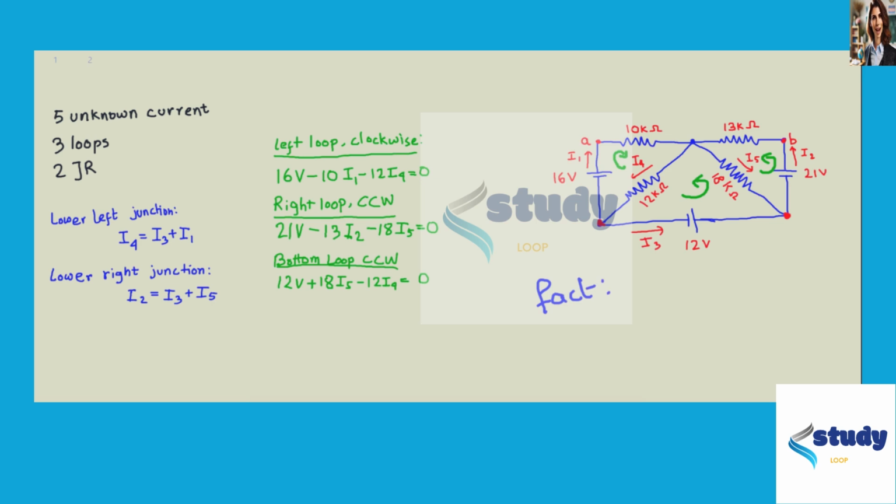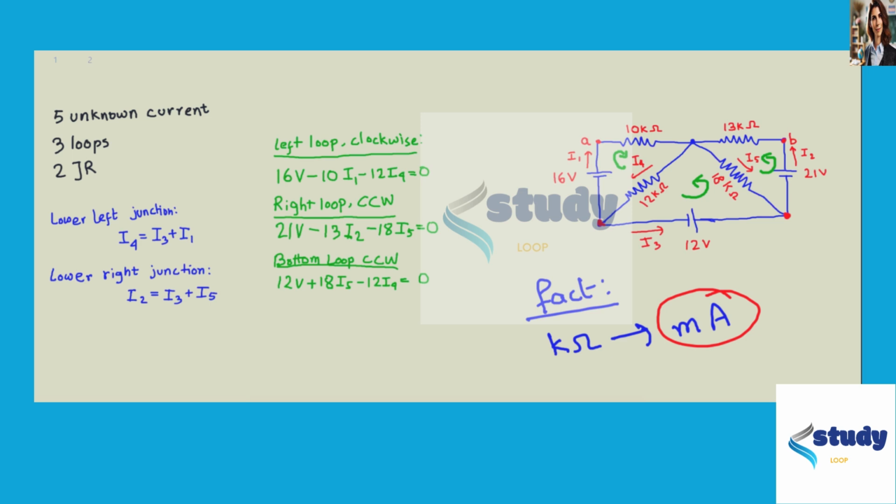The given fact is if we're using kilo ohms in our calculation, then we'll have our current in milliamps. So please take note of that. Since we're using kilo ohms, whatever current we get, we use milliamps as our unit.